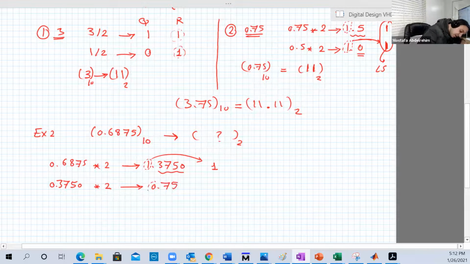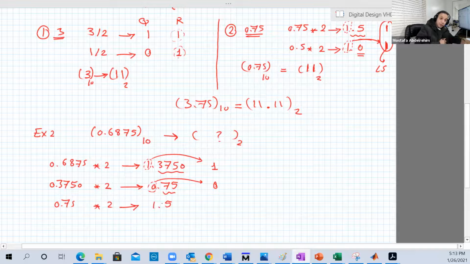So here the integer part is just 0. Then we take the fractional part, 0.75, and multiply again by 2. This will give us 1.5. So here the integer part is 1. And we take the fractional part, 0.5.